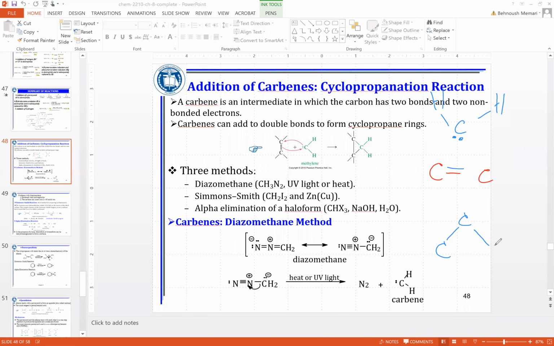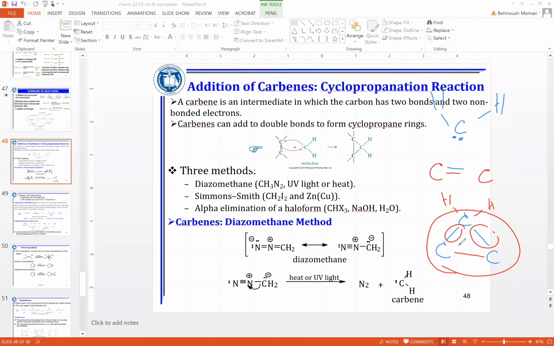So the only bond that is left from the CC double bond is the sigma bond. These blue bonds are the new bonds that are formed, and you end up with cyclopropane, a new ring, a 3-member ring.